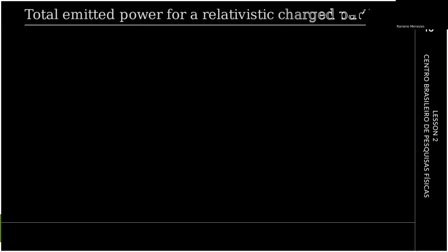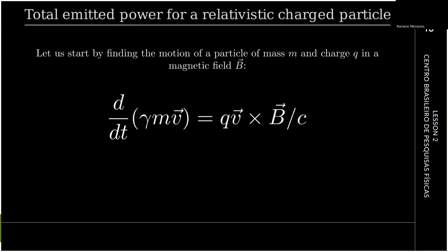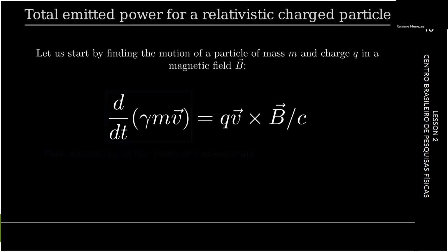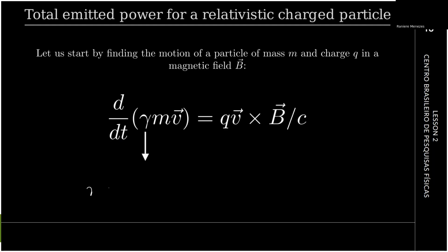Okay, so the total emitted power for a relativistic charged particle. Let's find the motion of a particle in a magnetic field. So we have the particle's relativistic momentum, and this is the Lorentz force. Now we have an electron in a magnetic field.